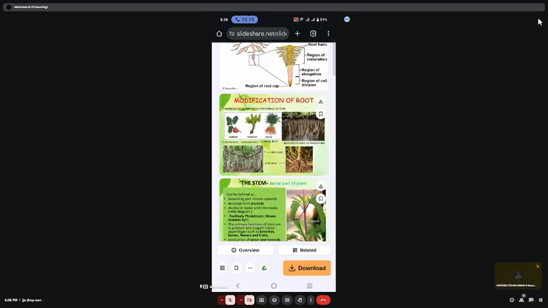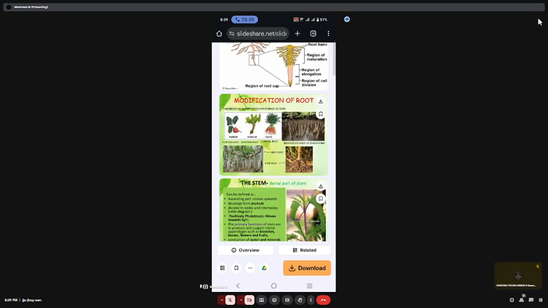Kindly make a note. The modified tap root or modified fibrous root stores food and is called a storage root. In modification, the root gets modified and stores food.